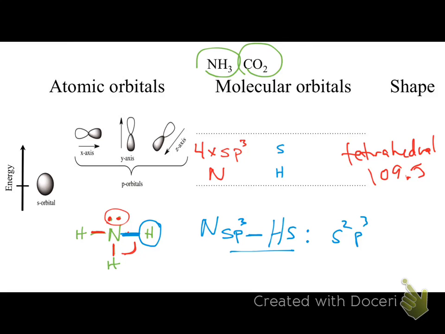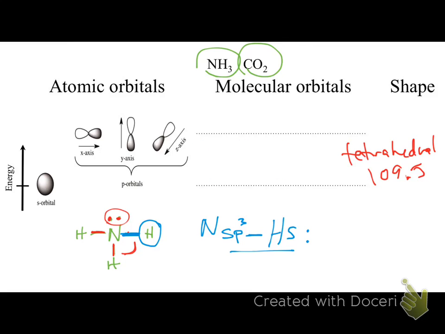No, don't do that. What is the 4 times the sp3 of the nitrogen? There are 4 sp3 orbitals. So remember, sp3 is the name of the orbital. Okay? To make an sp3 orbital, I needed 1 s and 3 p's. So if I'm going to make those orbitals, we'll go through and draw them out.